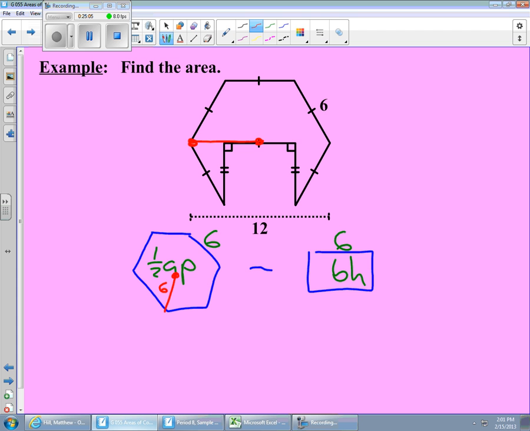Because remember, that's one of the shapes that we talked about. A regular hexagon is built out of 6 regular triangles. That means if the side length of your hexagon is 6, that also means that all of your radii are 6, because you have those regular triangles. Okay, now let's see what we can figure out from there. One of the things we're going to need to know is the apothem for this guy. There's the apothem.